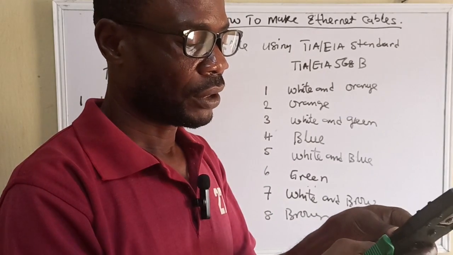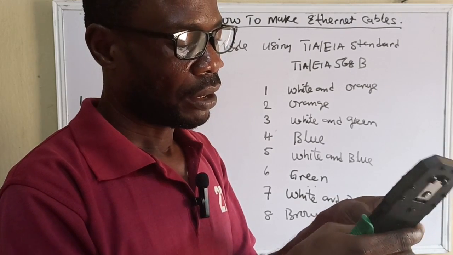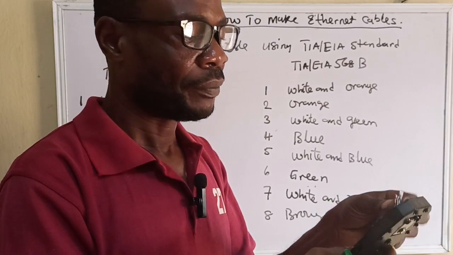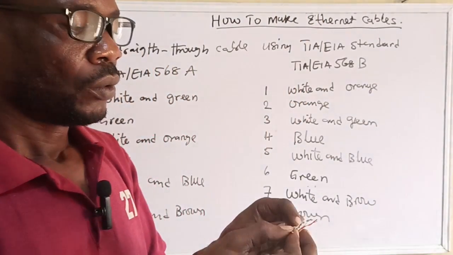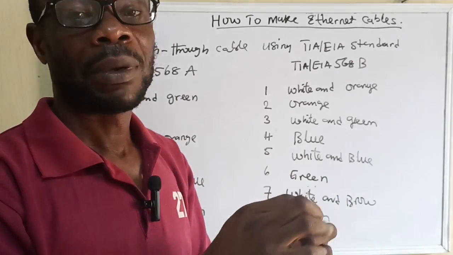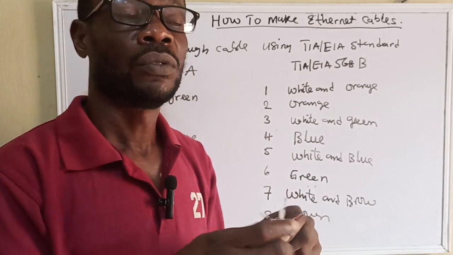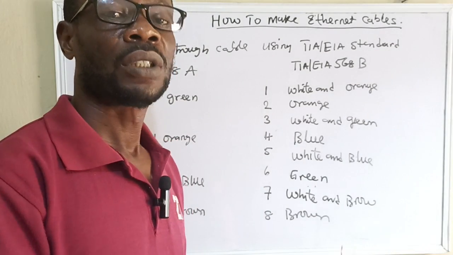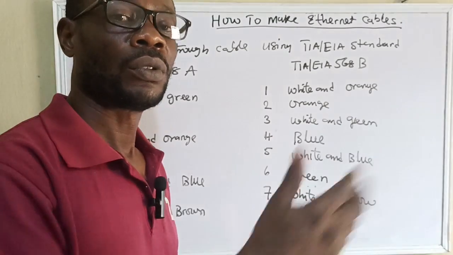Computer systems operate in layer 3 of the OSI model, while switches operate in layer 2. So the straight through cable we're about to make is used to connect a computer to a switch, a switch to a router, a hub to a router.